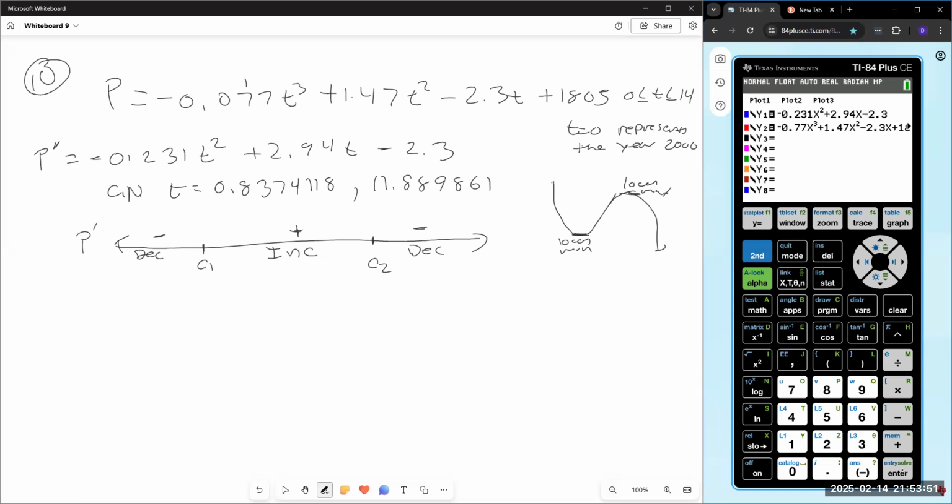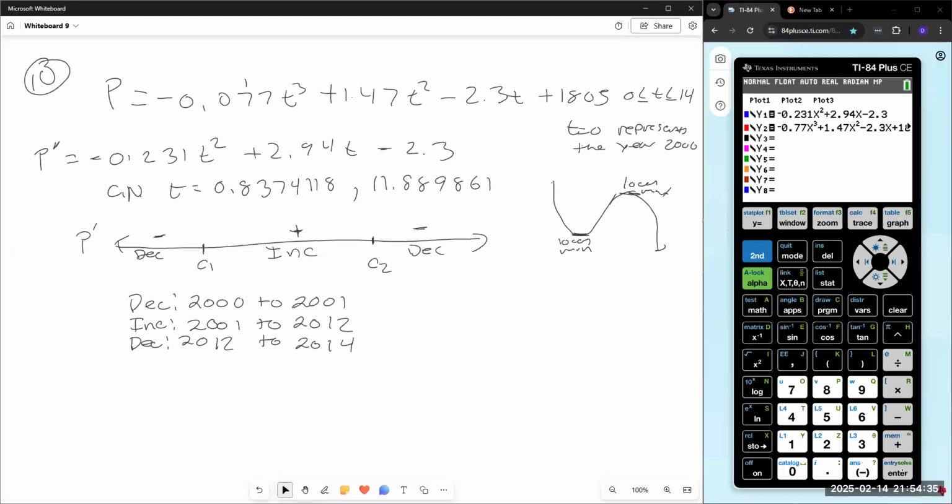So it is decreasing, say, from 2000 to roughly 2001, and then it's increasing roughly from 2001 to about year 12, so 2012, and then decreasing again roughly from 2012 to 2014, just roughly, since I probably have to give years that are whole numbers.